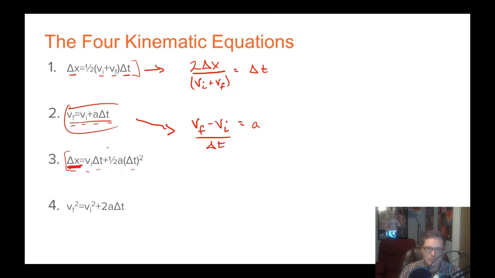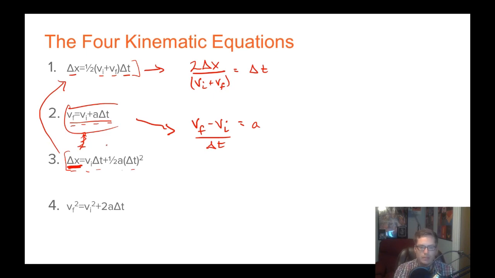Once we have delta x, we can plug it into the top one to solve for vf, after rearranging the formula. Or we don't even need delta x to solve for v final. We just need vi, which is 25, our acceleration due to gravity, which is negative 9.81, and our change in time, which is our seconds.